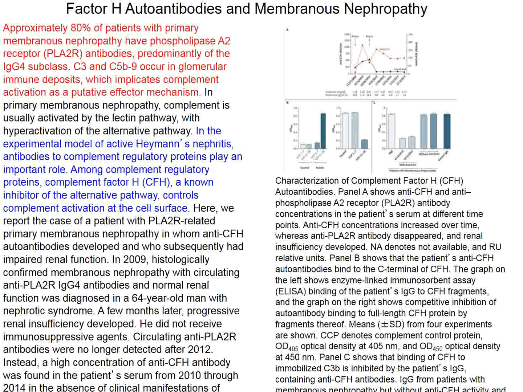And in this little case report, we see a patient with membranous nephropathy that indeed has phospholipase A2 receptor antibodies. Subsequent to treatment, he develops another set of antibodies against complement factor H, which seems to further mediate his disease. That's important because the animal model for membranous nephropathy, called Heymann nephritis, involves the complement pathway.